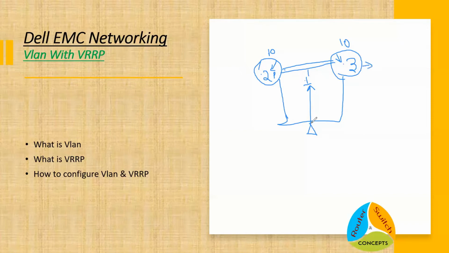So whatever request comes will go to the active one. And once that device dies or for any reason stops responding, it will automatically shift the traffic to the other device, which will act as the active device in your scenario. We'll see in our lab.